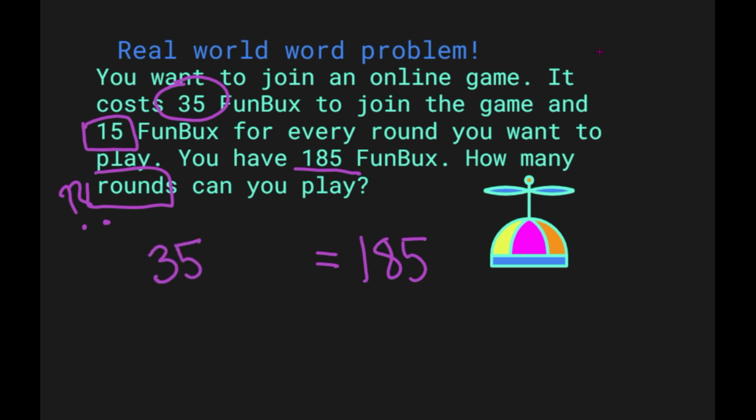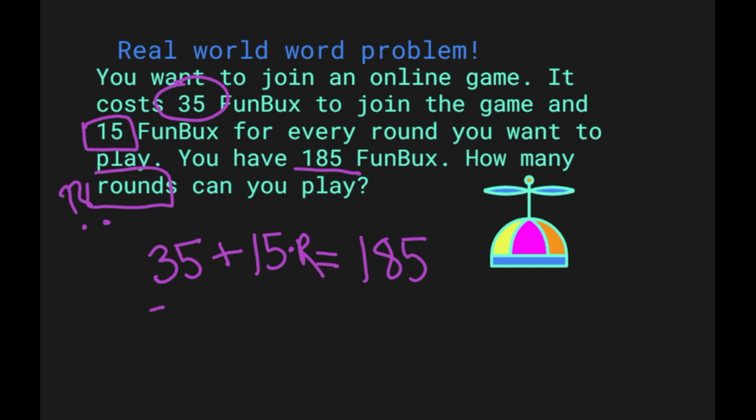And I could write it up front, or I could write plus 35 here. It doesn't matter. But that's one-time fee. What costs for each round is this: 15 times each round that I play. I'm going to use a capital R for this. So 15 times each round plus the one-time 35 will give me a total of 185. When I solve this, it's going to tell me how many rounds I can play.